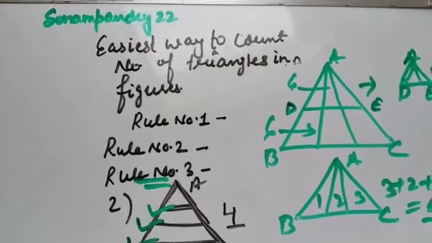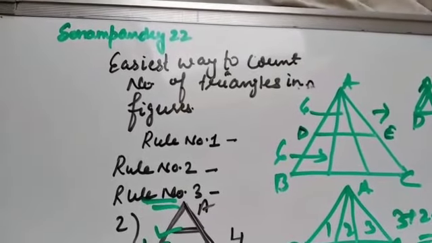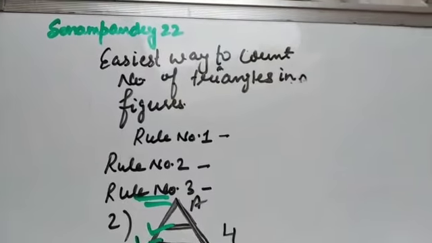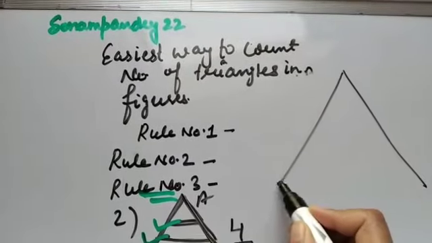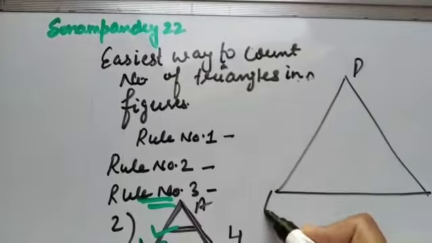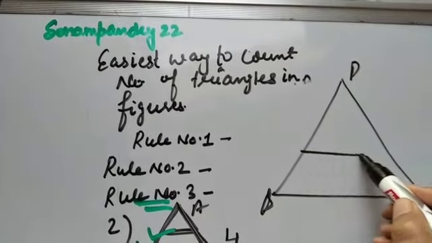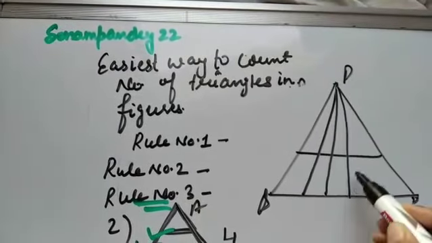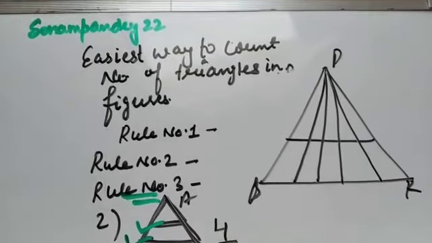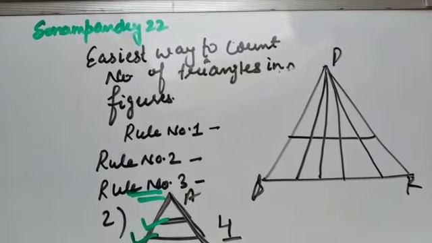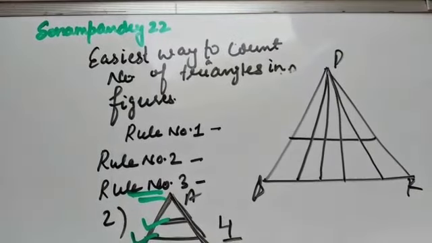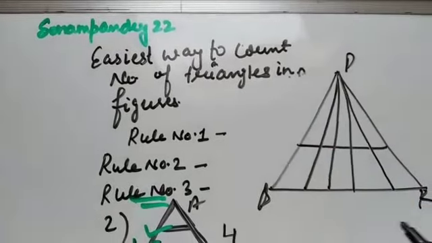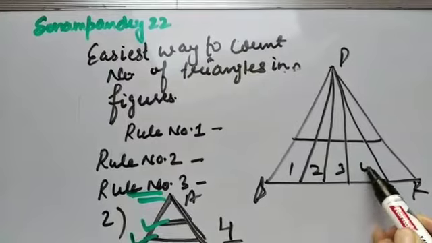Another example we can have to count the number of triangles with this rule, like triangle PQR, like this. It would take so much time to count the triangles, but according to the rule we will count in a very easy way, like 1, 2, 3, 4 and 5.